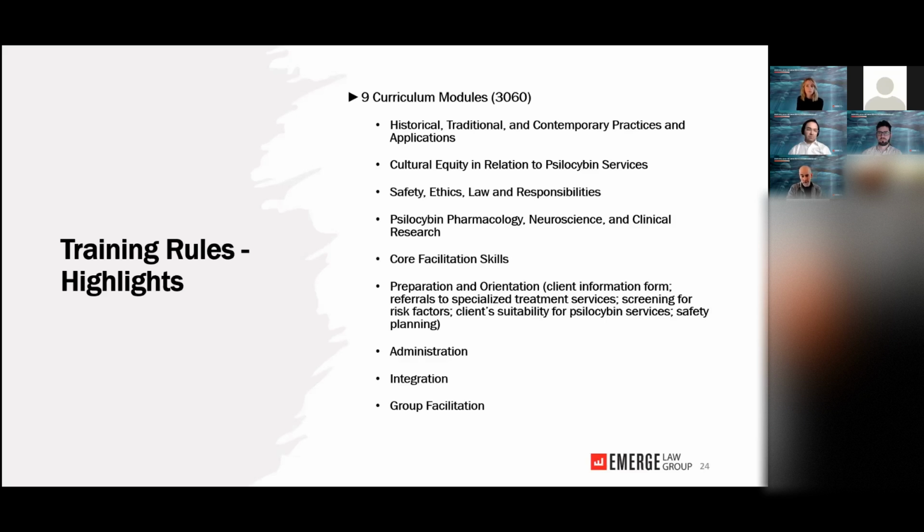I think in the first draft of the rules the OHA left open the possibility for this stuff, but the preparation and orientation is comprised of a number of important things where the rules are not really set out yet. So it's a little bit of a chicken and egg thing, but we'll talk about that in a second.